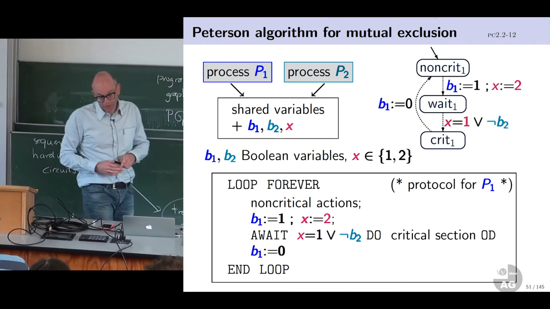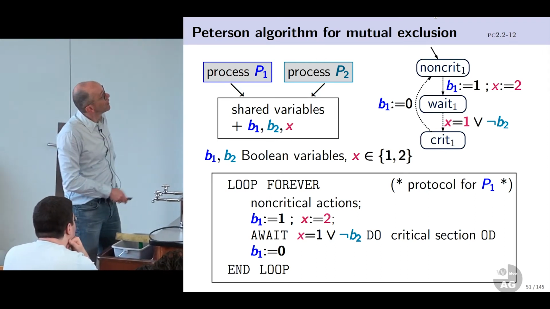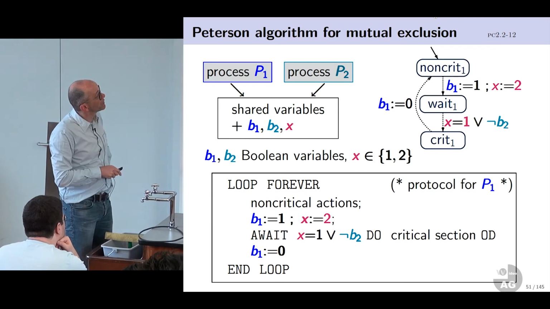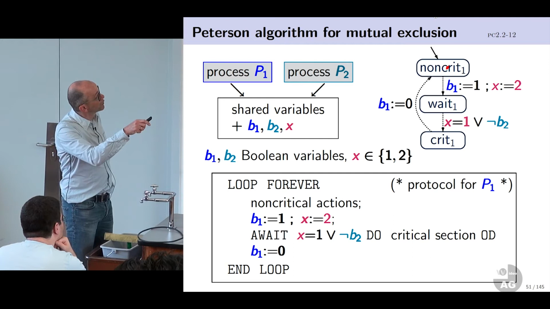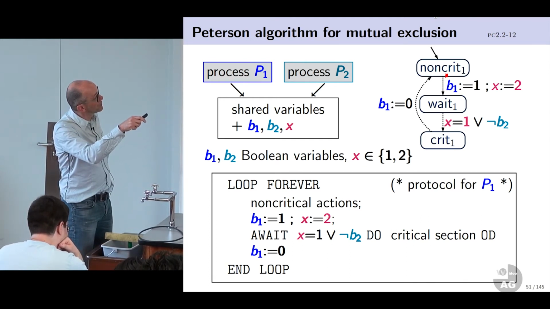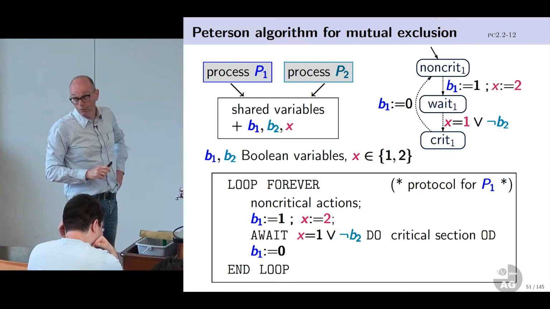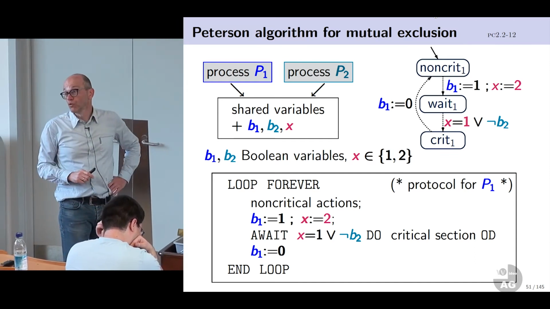So this is the program graph that models this behavior. Again, we have just 3 locations: non-crit, wait, and crit. If we evolve from non-crit to wait, that corresponds to executing those 2 assignments. That means in the program graph we have an edge labeled with the guard true, and with 2 assignments: b1 becomes 1 and x becomes 2.